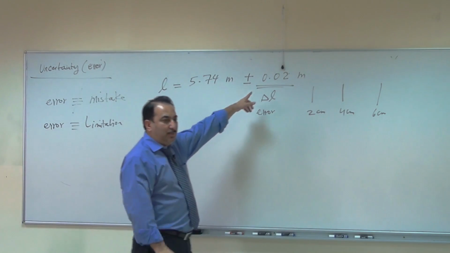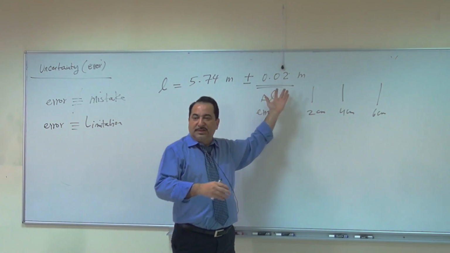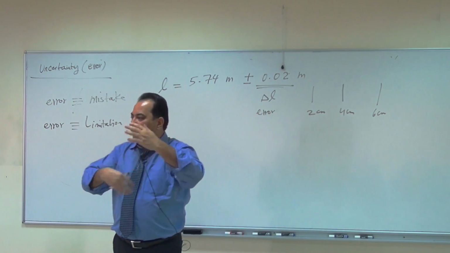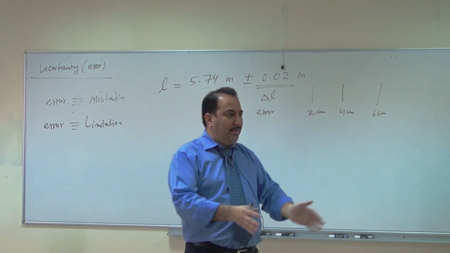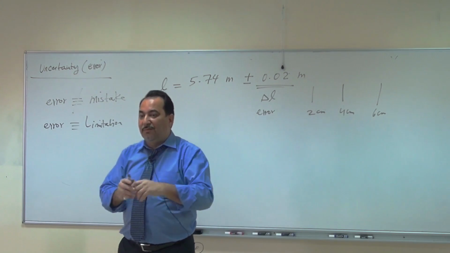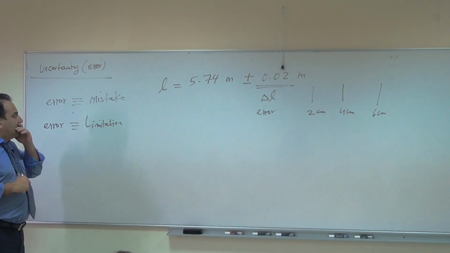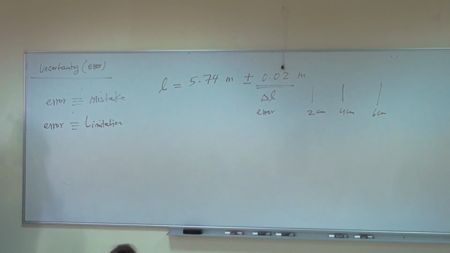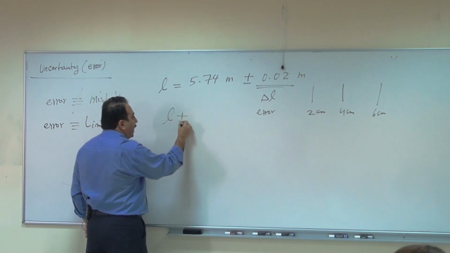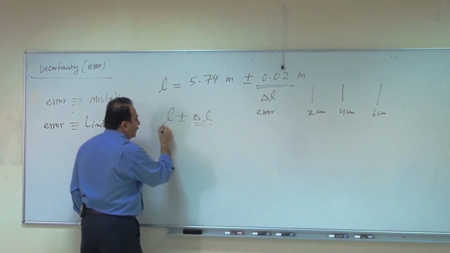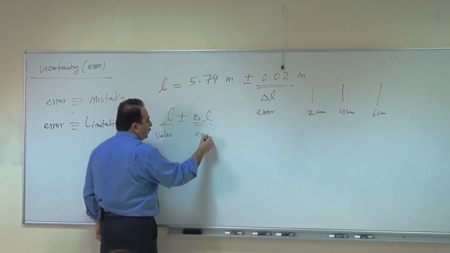If you think it is small, you ignore it. But later, when you use this figure in calculations 2, 3, 4 times, the error gets bigger and bigger, and at the end you find that your design shifted from what was planned. So you have to be careful. This is how you always record a value plus or minus the error: the value you measured or recorded, and the error.